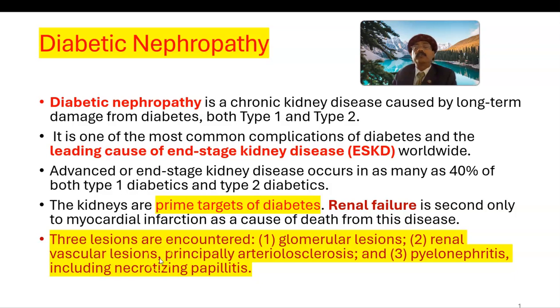With renal vascular lesions, the kidney will go through an ischemic condition, a lack of blood supply to the kidney, and will be atrophied gradually. Pyelonephritis is an inflammatory process that initially starts in the interstitial tissue, then involves the renal tubules, and will get involvement of the renal papilla with necrosis, leading to necrotizing papillitis.